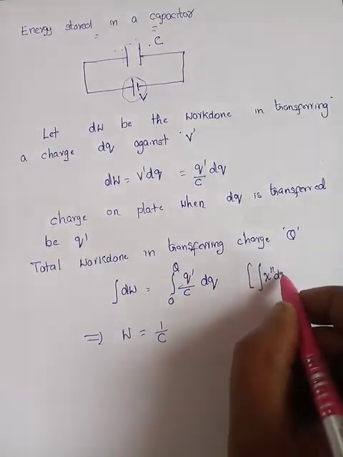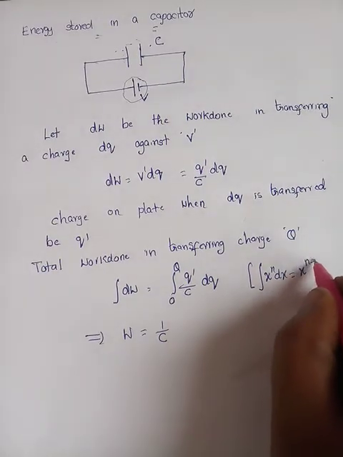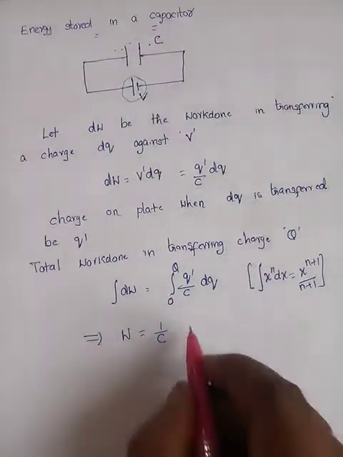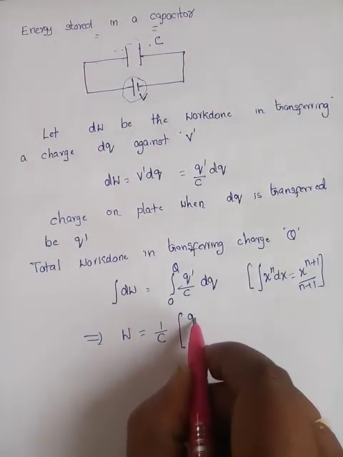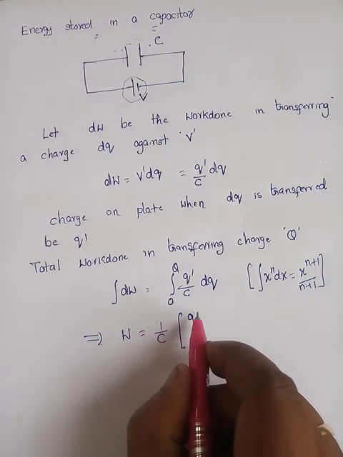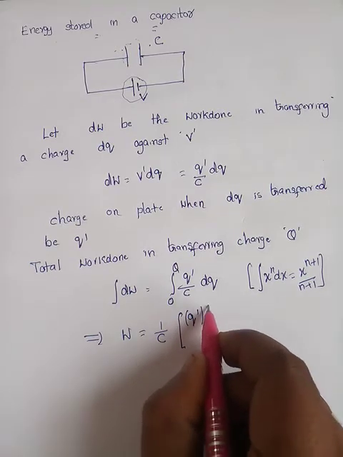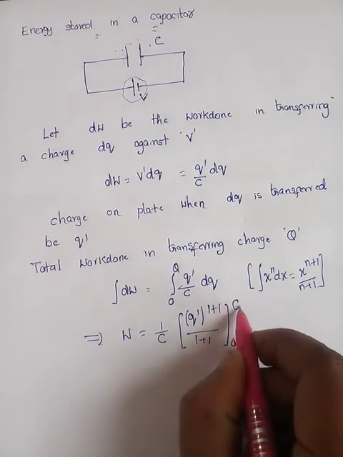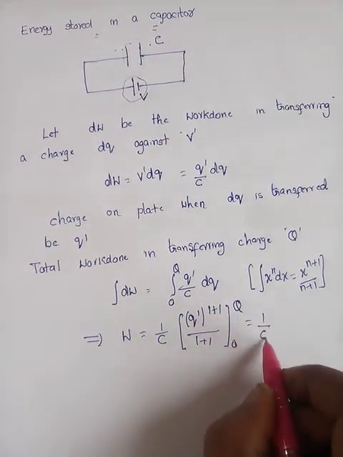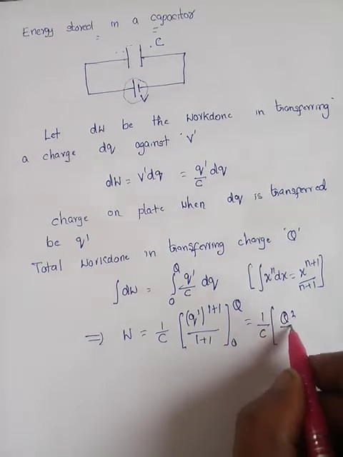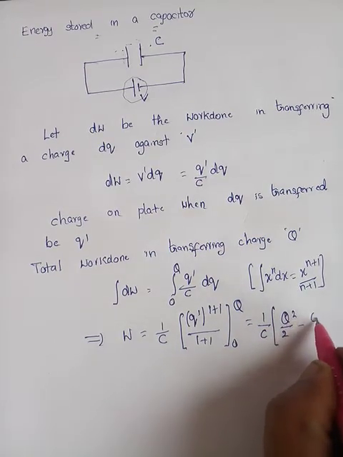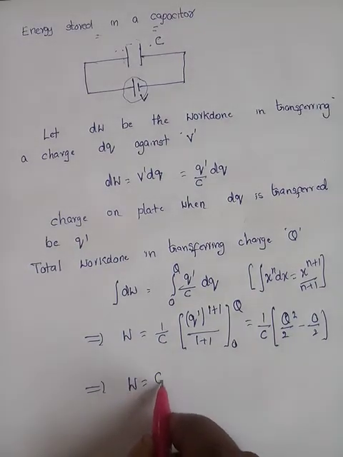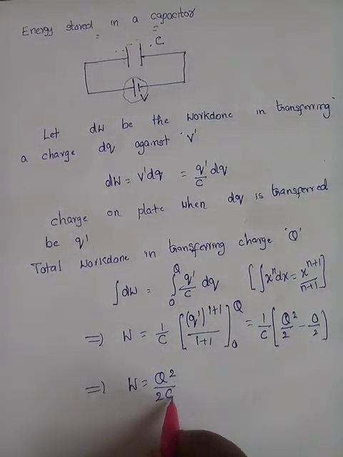Integration of x power n into dx equals x power n plus 1 by n plus 1. So here q dash whole power 1 plus 1 by 1 plus 1, from 0 to q. Applying the limits, we get q square by 2 minus 0 by 2. So W is equal to q square by 2c.